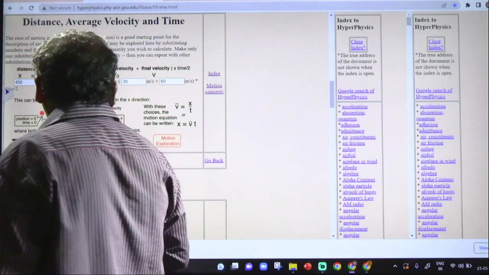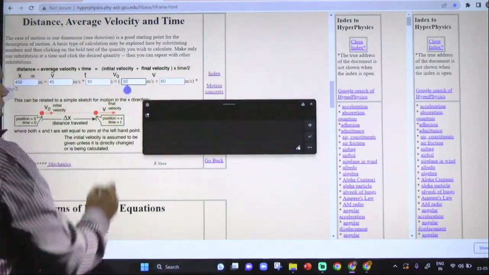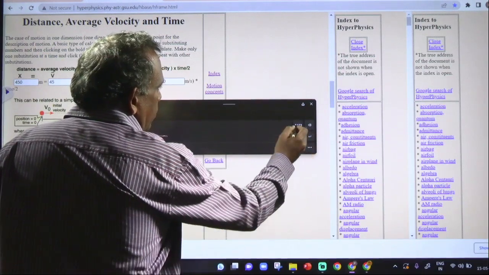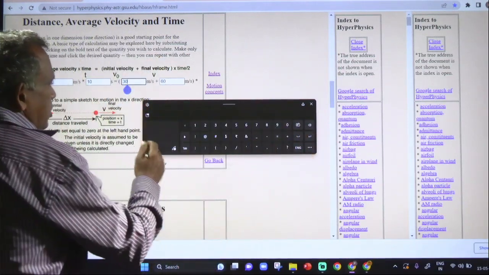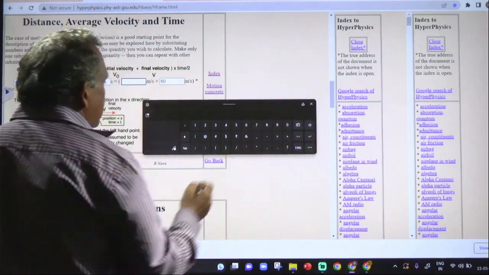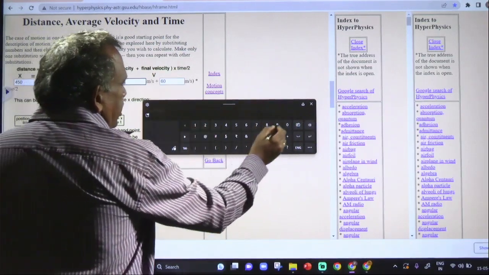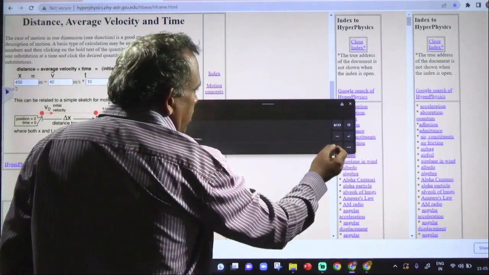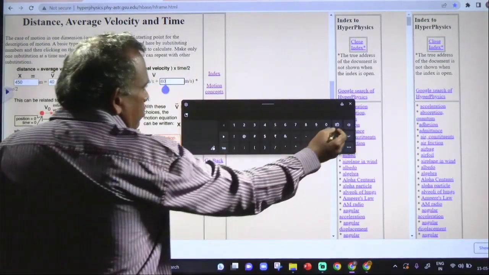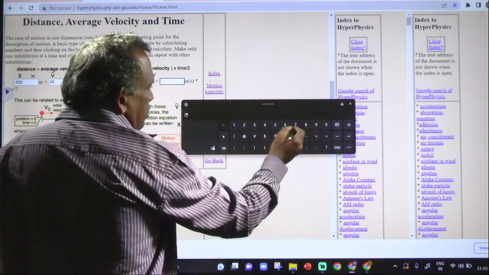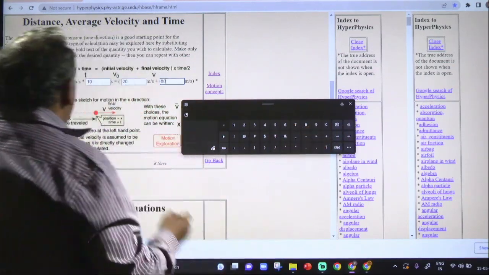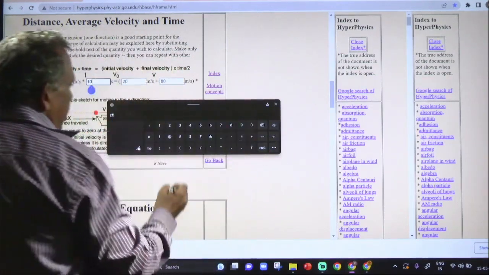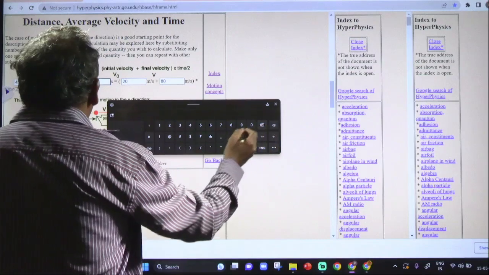Take the initial velocity, just for understanding sake I am giving these types of examples, as 20, and the final velocity, let us say, is 80. We will change the time also; the time is something like 5 seconds.